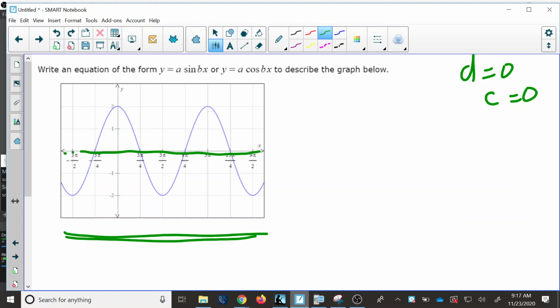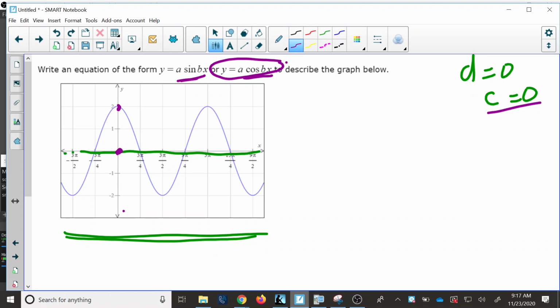Since the phase shift is 0, if it's sine, it starts at the origin. If it's cosine, it starts somewhere on the y-axis. So this is supposed to be a cosine because it starts here, on the y-axis at 2. So we are going to focus on the cosine function, not on the sine function.